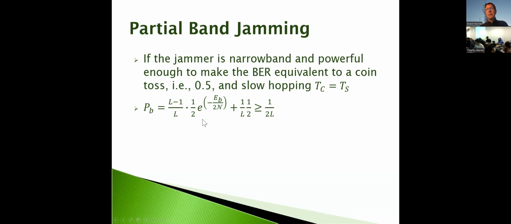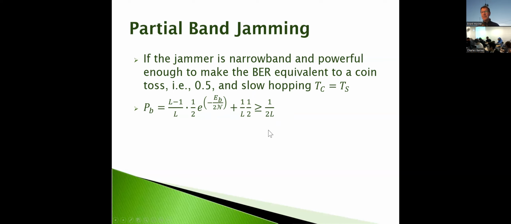So most of the time, especially if L is large, we're getting the regular FSK performance, and the other times we're getting this terrible performance. So the bit error rate is greater than or equal to 1/2L.